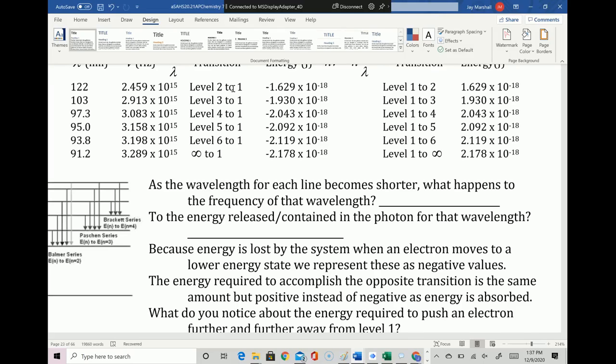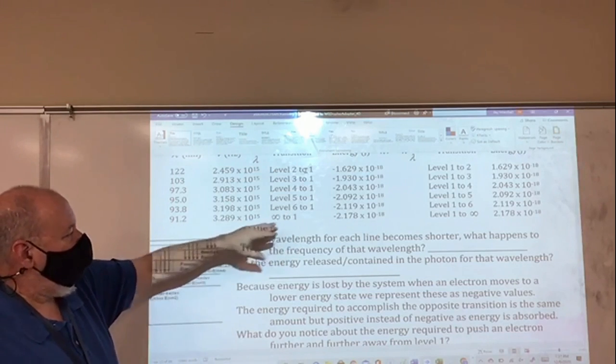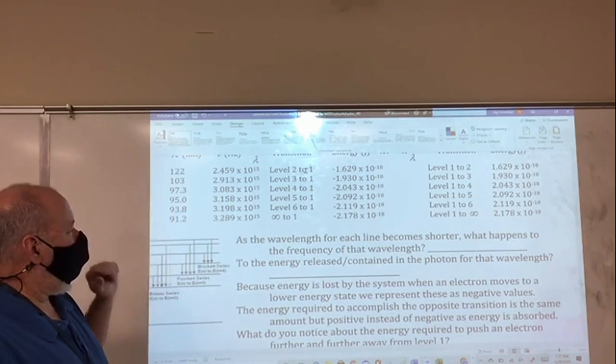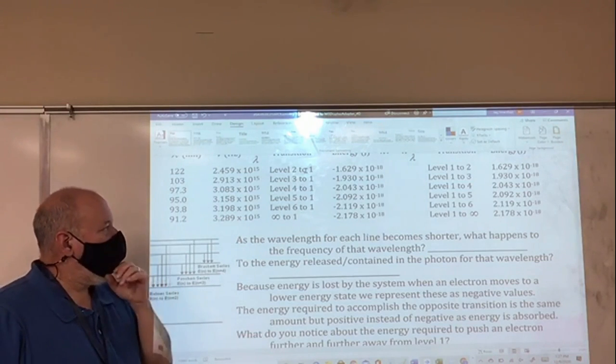And then if I finally get kicked out of the atom, or if the atom captures an electron from outside the atom and it goes to the lowest energy level, this is the amount of energy I'm going to release, and that's the wavelength that I would get.